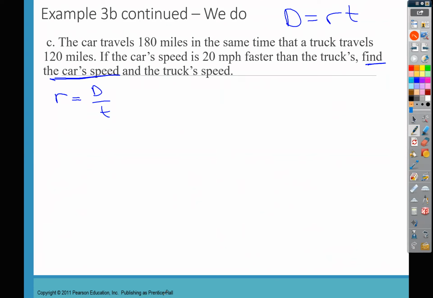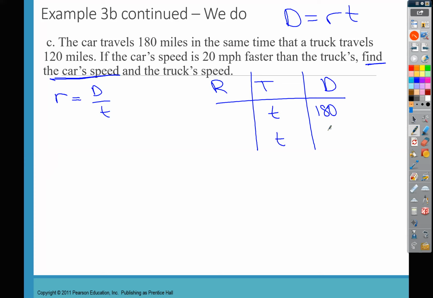Okay, so I'm going to set this up. And for me, it helps if I set it up in a rate times time equals distance table. It just helps. Okay, so the car travels 180 miles in the same time that a truck travels 120 miles.